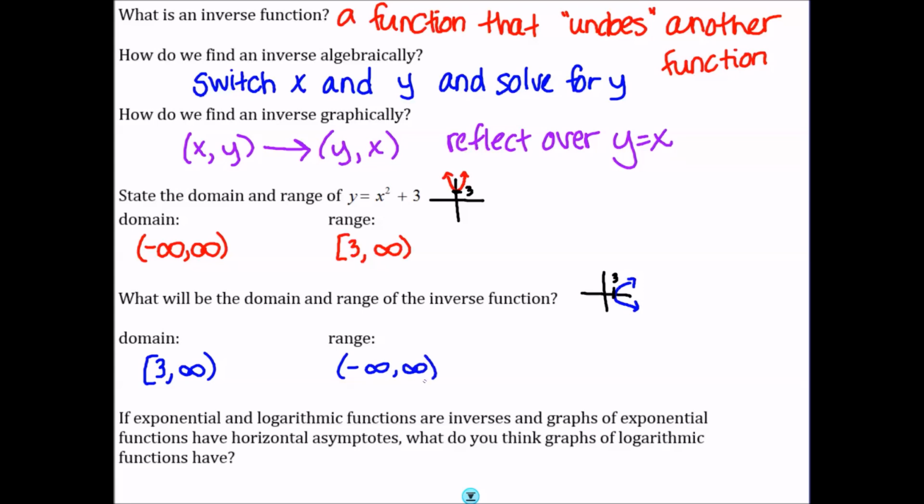So you can see that the domain and range of an inverse are switched from the original function. So if exponentials and logs are inverses, we know that graphs of exponential functions have horizontal asymptotes. So what do you think graphs of logarithmic functions have? They have vertical asymptotes.